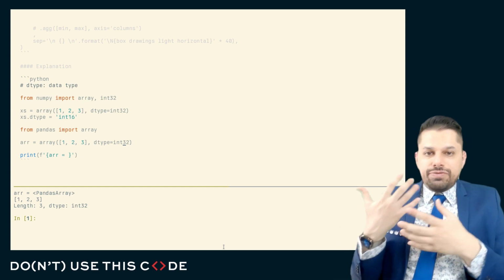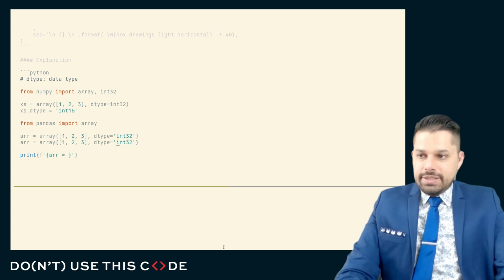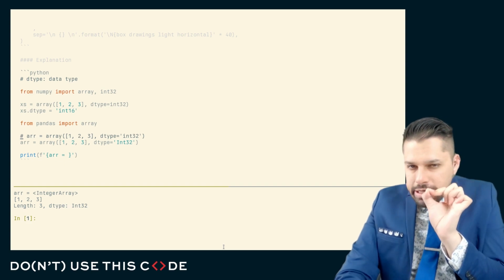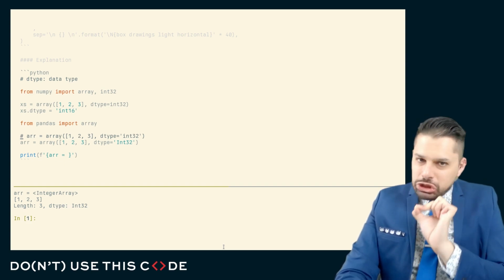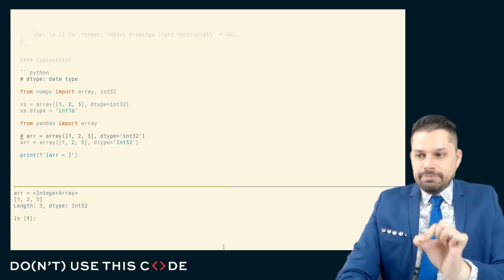But in the case of this dtype mapping, one of the things that we can do is instead of making this a lowercase int32, we can make it a capital I Int32. And that seems like the most trivial change. It seems like that really shouldn't make a difference in our lives, but it ends up making a huge difference.